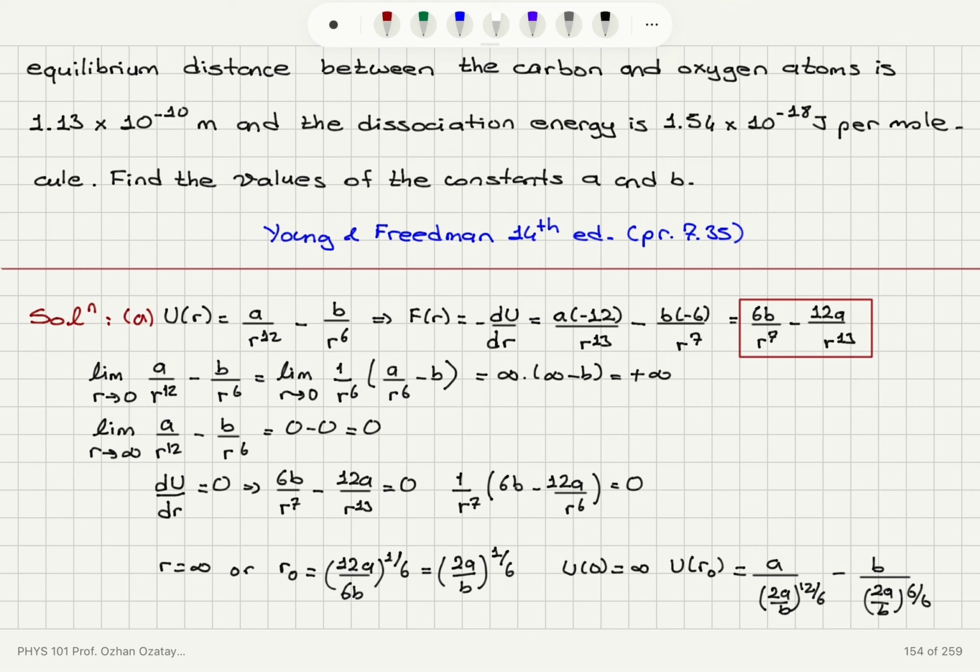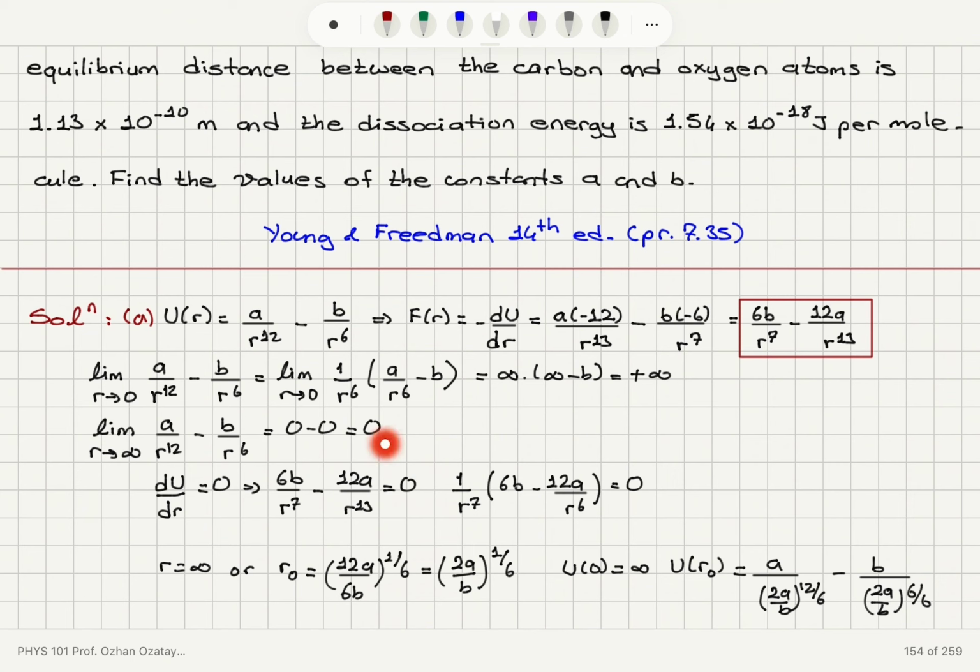So the first thing I did was to find the force. It's a conservative force, so force is minus dU/dR. That gives me the force as a function of R. Then I analyze the behavior of these functions by looking at the limit as R goes to 0. I find that the potential energy goes to infinity.